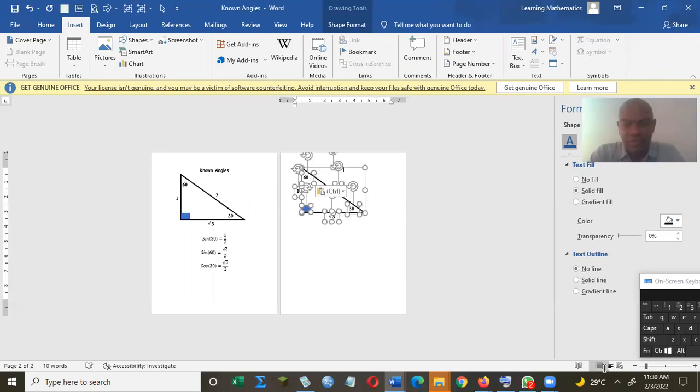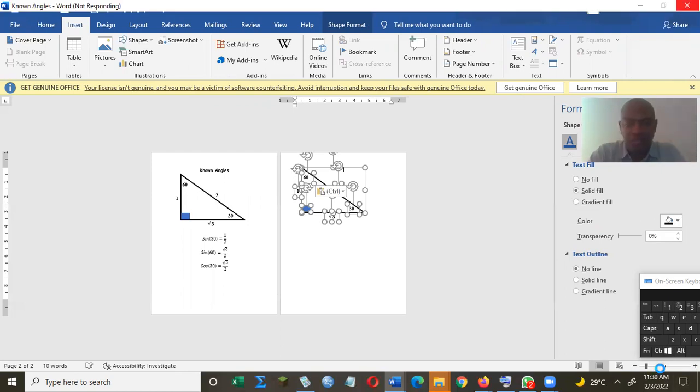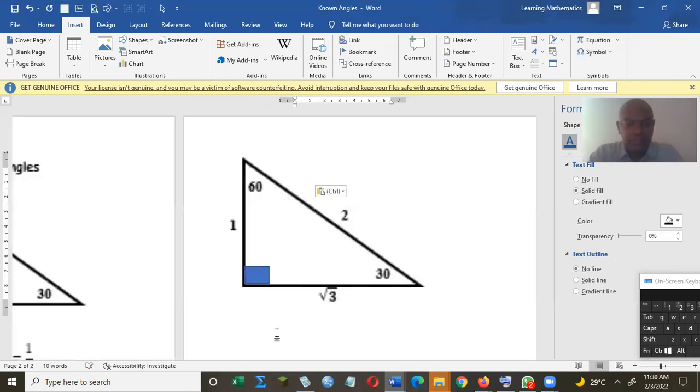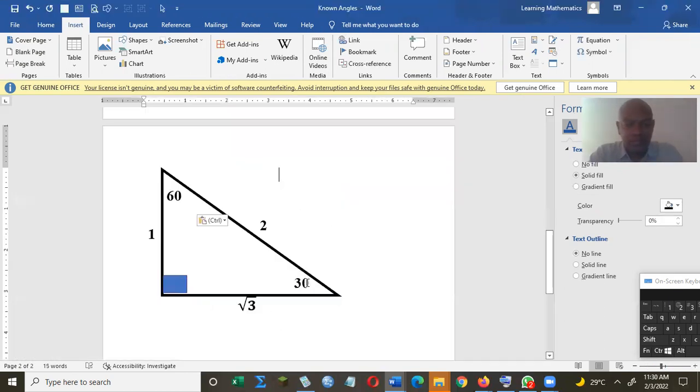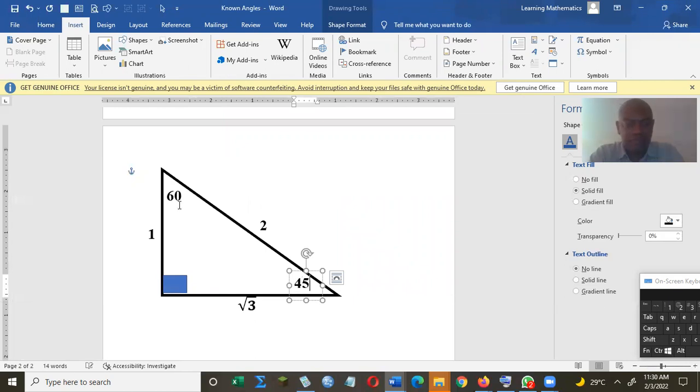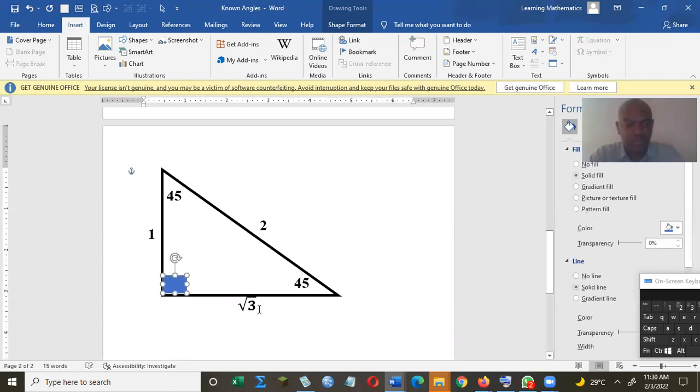So you have 45 degrees as your acute angle. Put this as 45, put this as 45. If the side opposite to 45 is 1, the side adjacent to 45 is supposed to be 1.